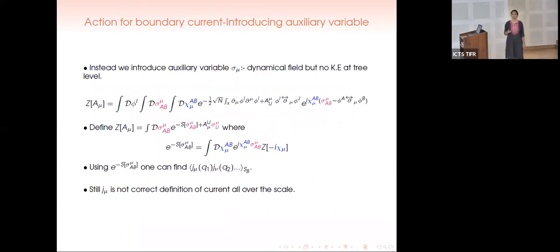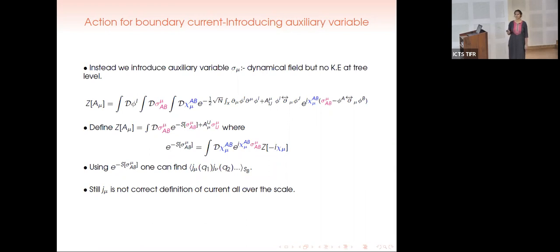Yeah. So we introduce an auxiliary variable, which is nothing but incorporating a delta function. Both sigma and chi are auxiliary variables which we are integrating over, and then Z A mu we can write in the following form, where this will be our new quantity which we will be interested in.